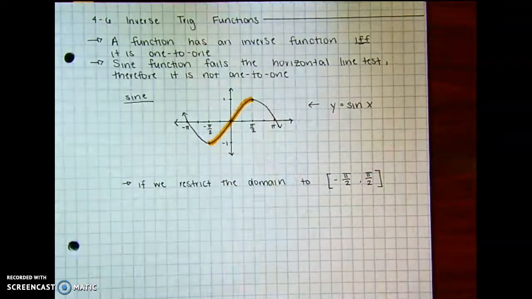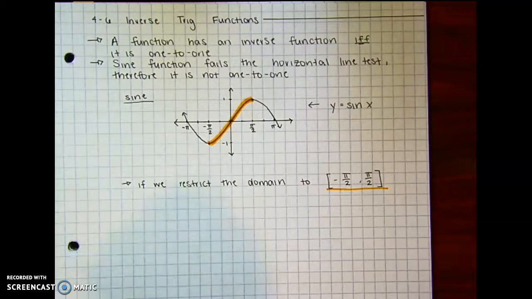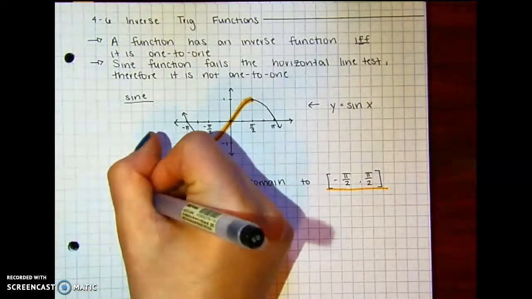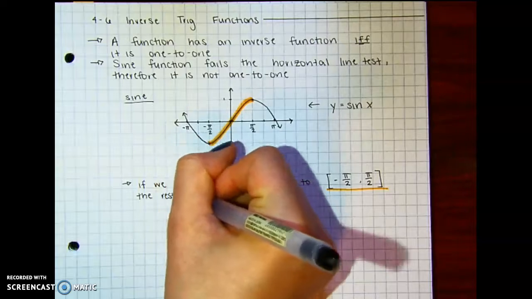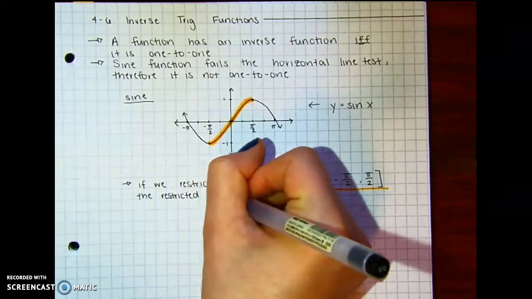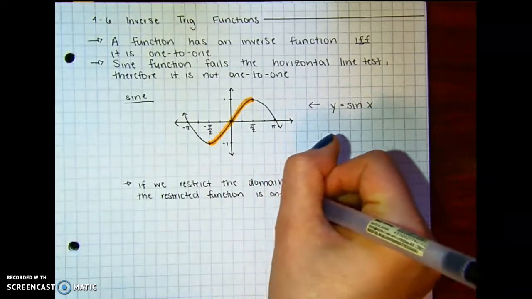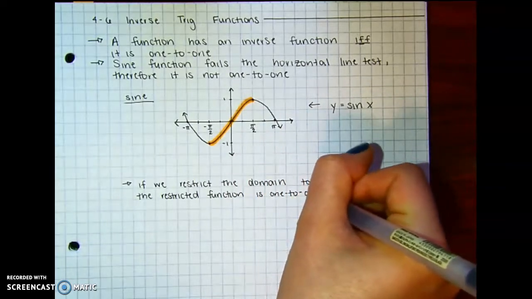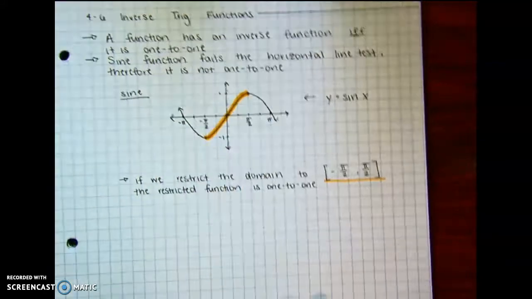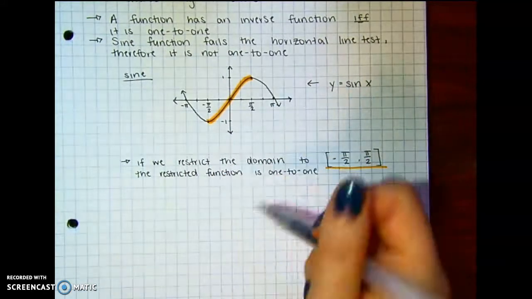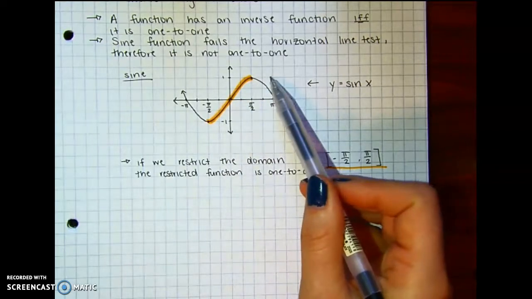Then it passes the horizontal line test. The restricted function is 1-to-1. And that's kind of the fun part about math, right? If we don't like something, we find a way to manipulate it and make it what we like. So that's what we do for the inverse function. So we focus on just this restricted domain.